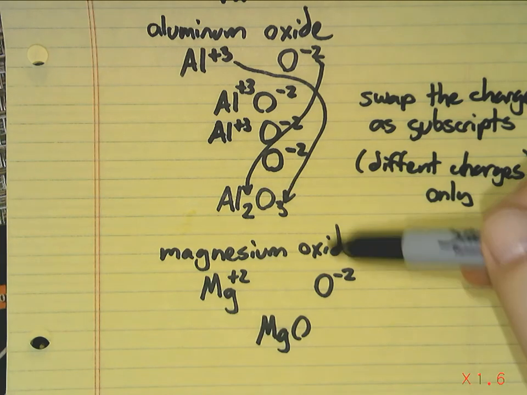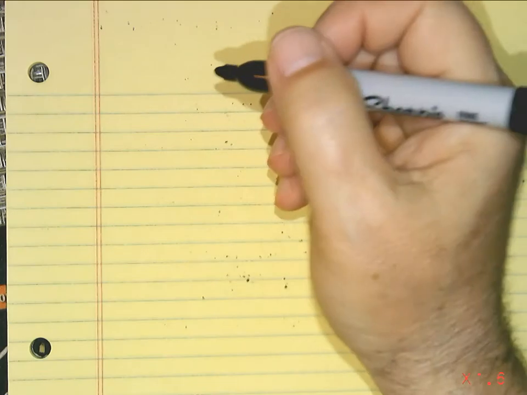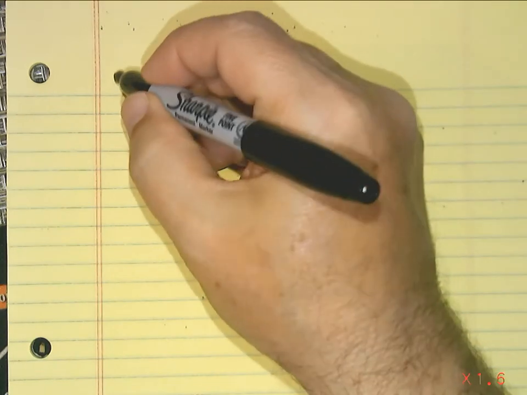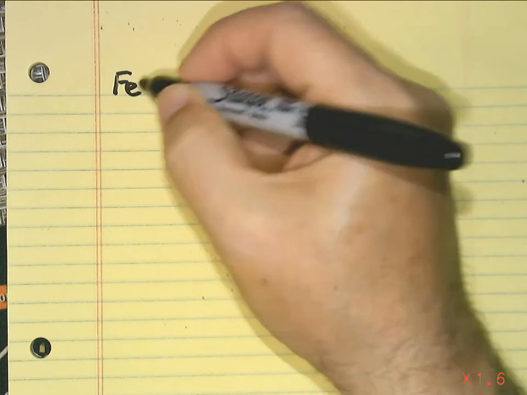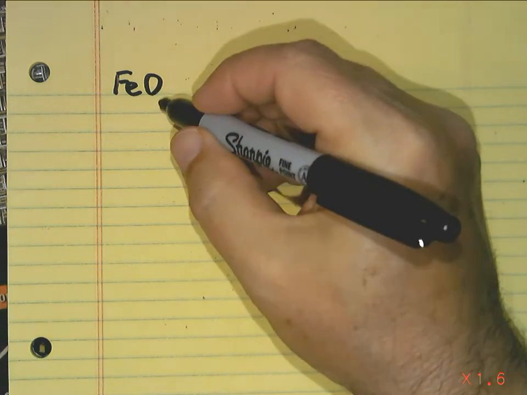Now we've been going from the name to the formula. Let's go from the formula to the name. Let's suppose I have this compound. Now if I want to name it, I have to name the ions inside. This one's pretty easy.